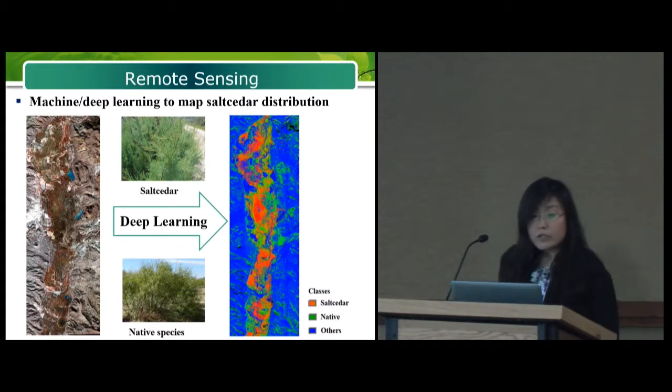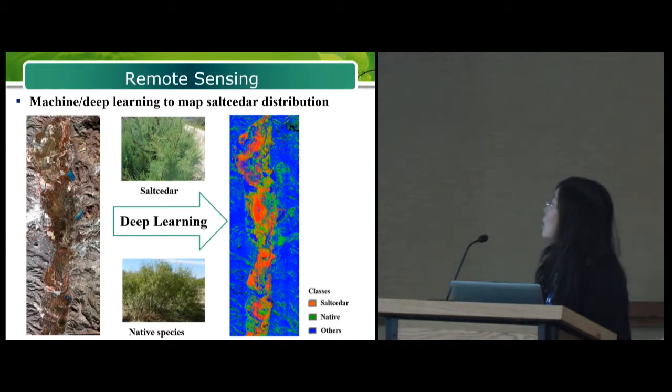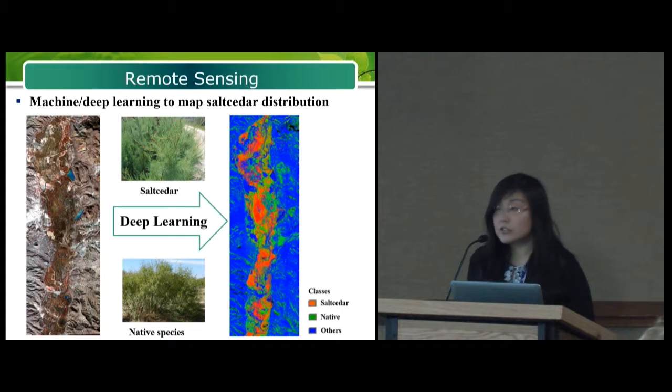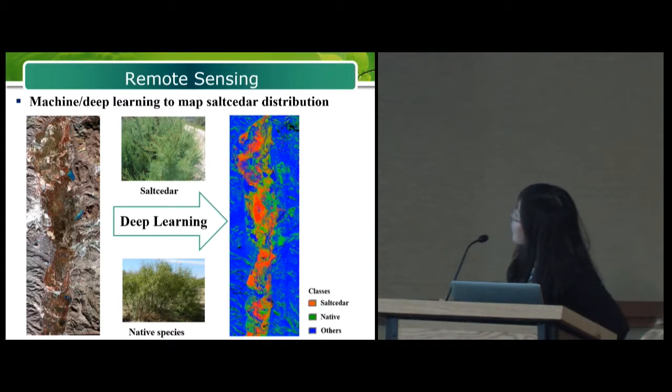But when we train our machine learning models, we find the model performance is not satisfactory, with a lot of classification errors, mostly because of the spectral confusion between this invasive Saltcedar and the native species.